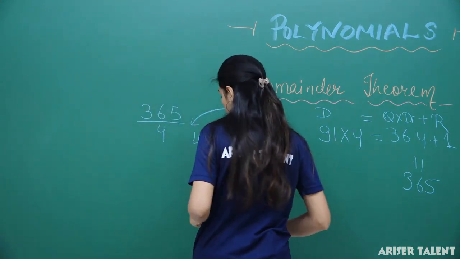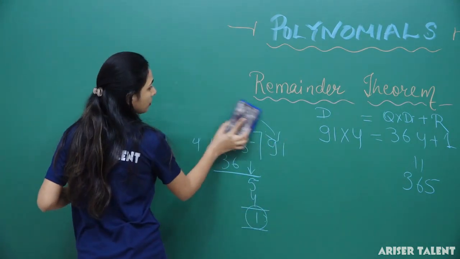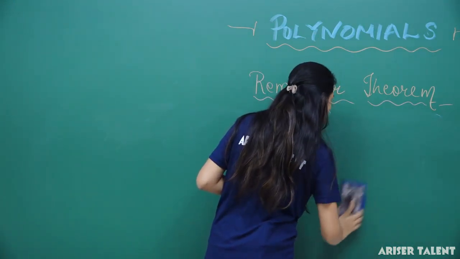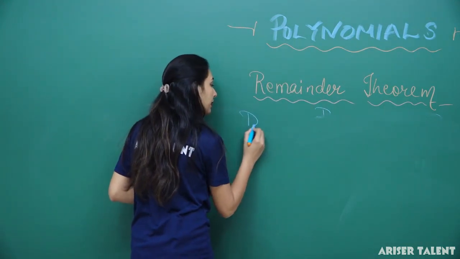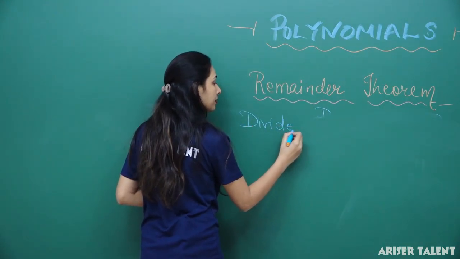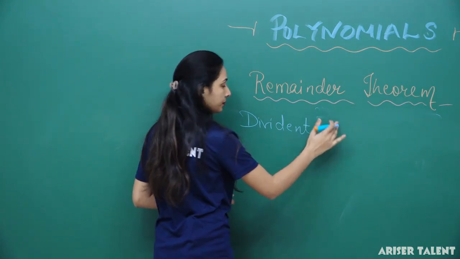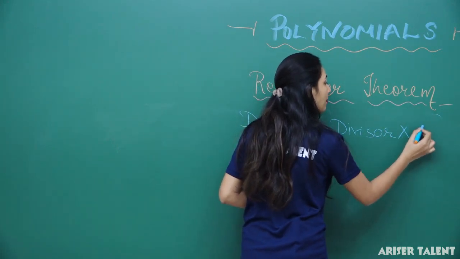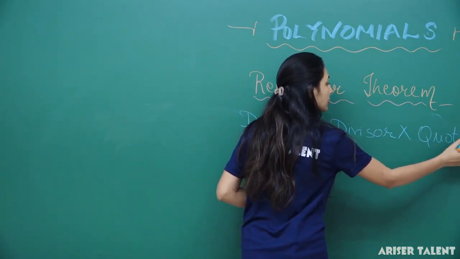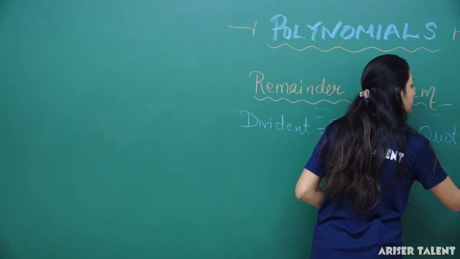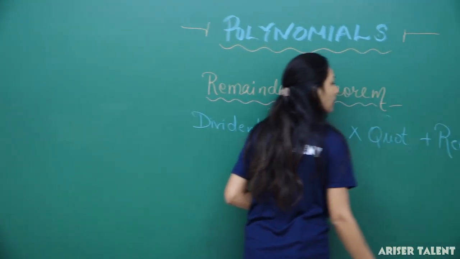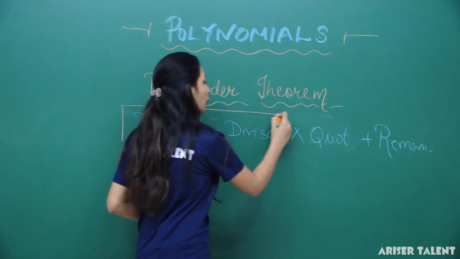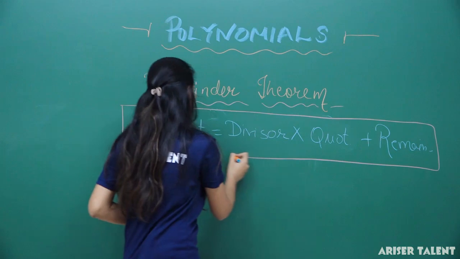Understood that? So dividend will be equal to divisor multiplied by your quotient plus your remainder, right? This is something you know from your very early classes.